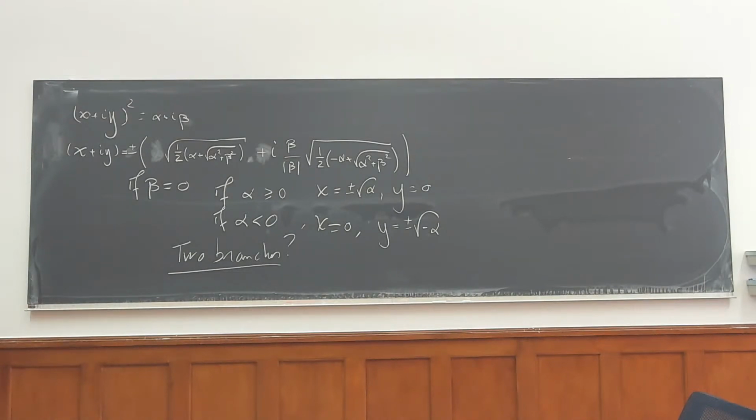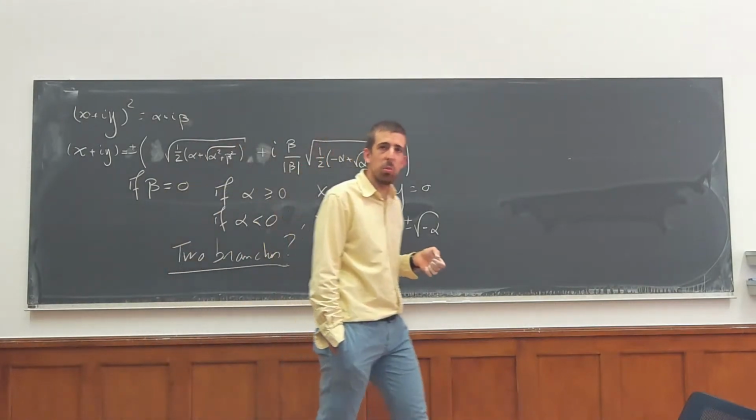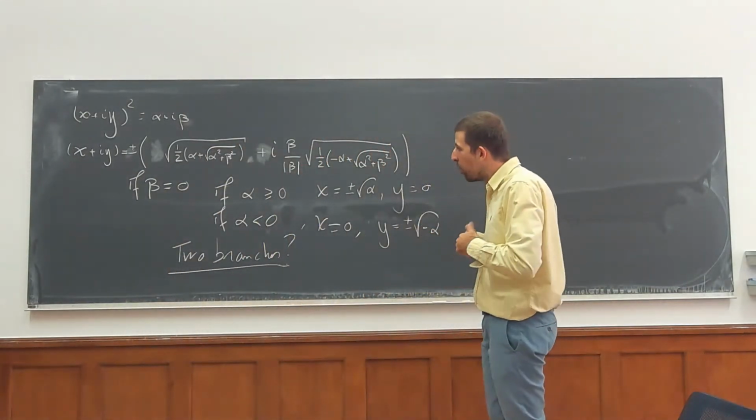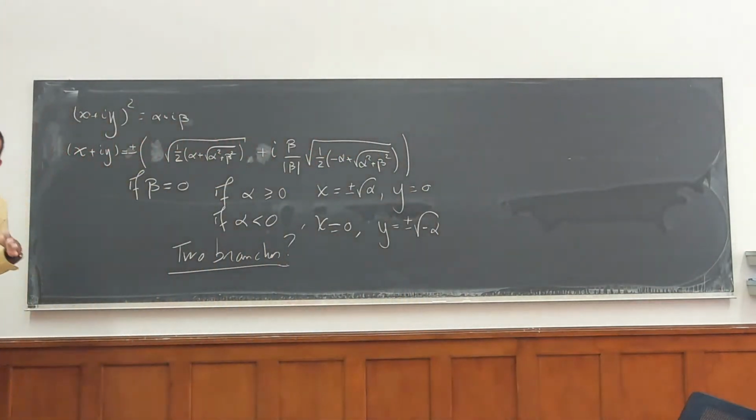And so in particular, many times the right way to think about the square root is as both of these values being the square root, and we can think of it as a function that has two branches in some way.